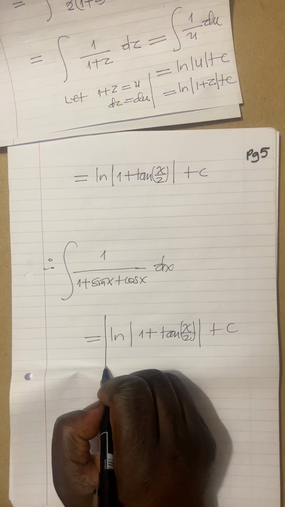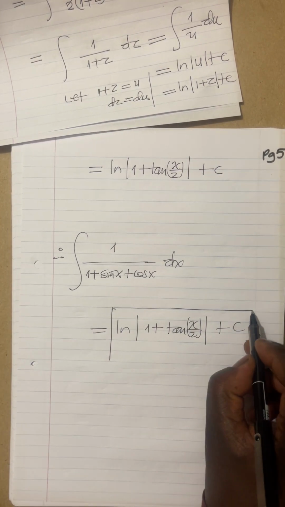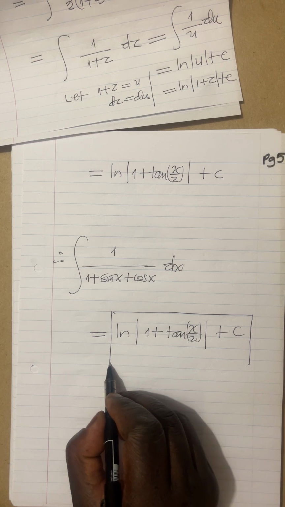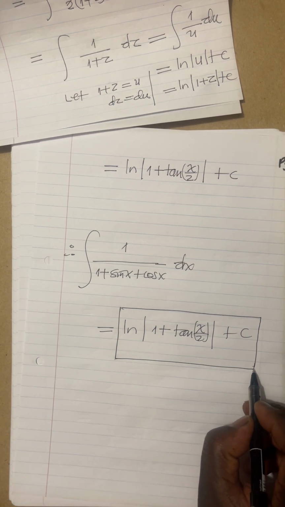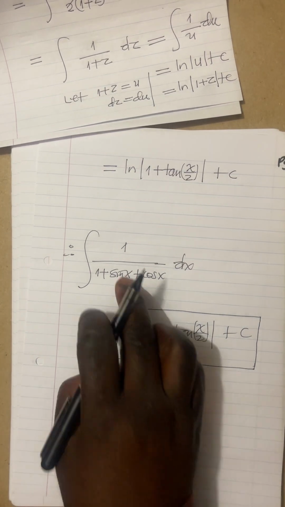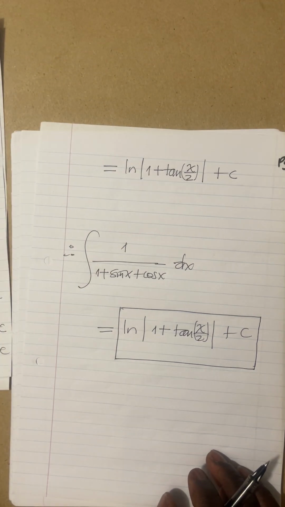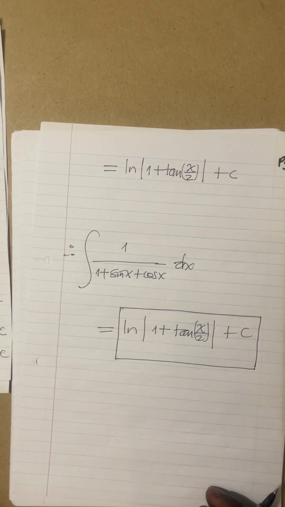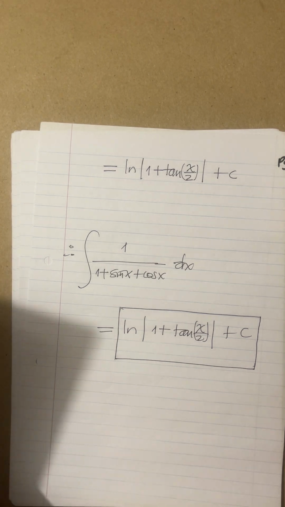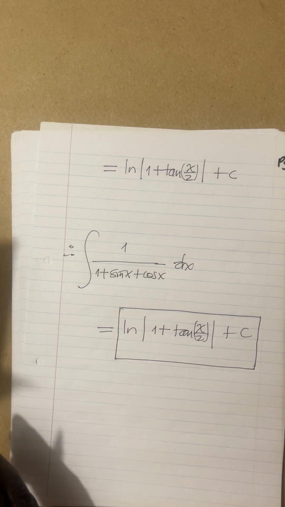This is how we evaluate these integrals by using z substitution. Looking very intimidating, but when we transform it from, like they say, the x world into the z world, you realize how easy it is. Works out very nicely like that.